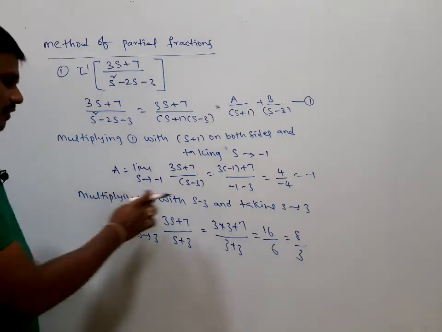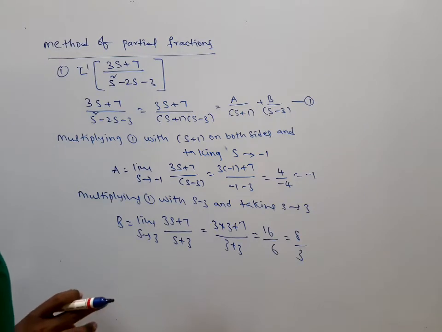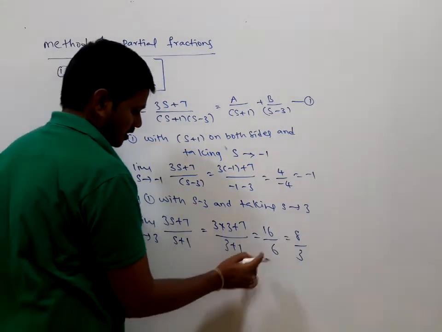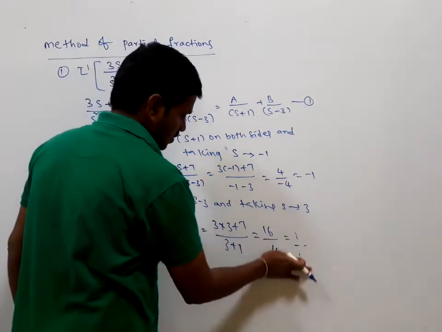Sorry, here when we multiply with (s minus 3), we have (s plus 1) in the denominator. So it is 3 into 3 plus 7, 9 plus 7 is 16, divided by 3 plus 1, which is 4, so B is 4.